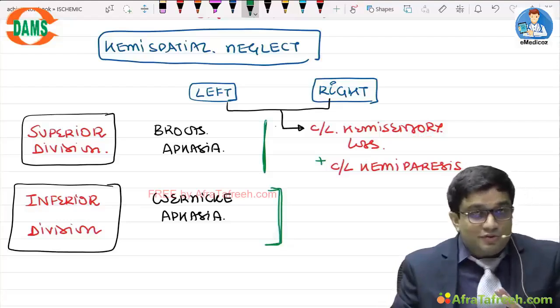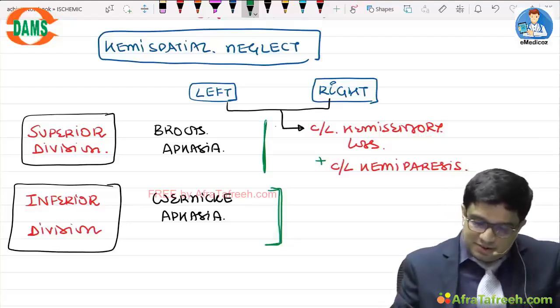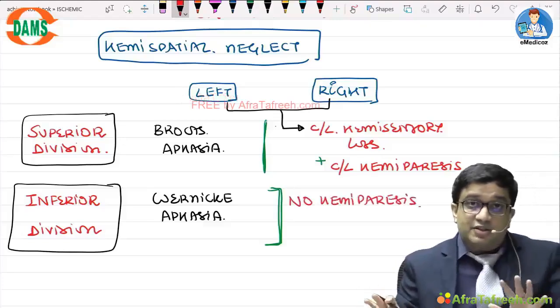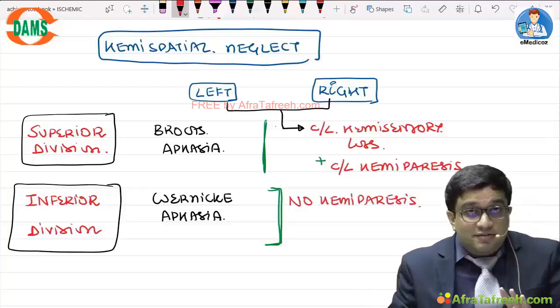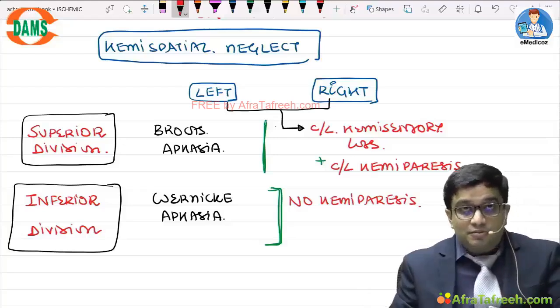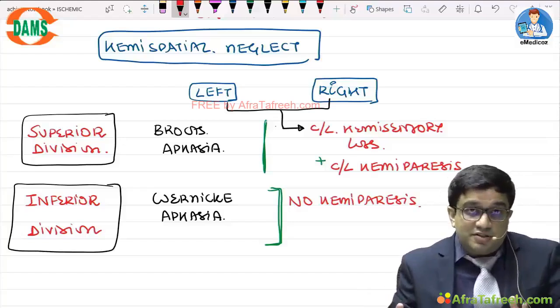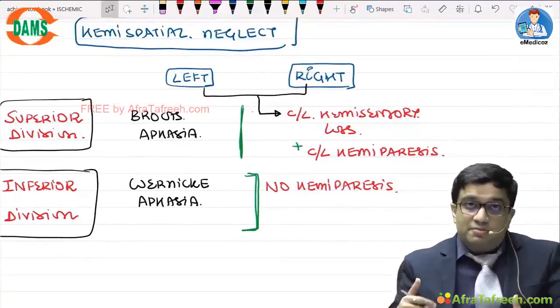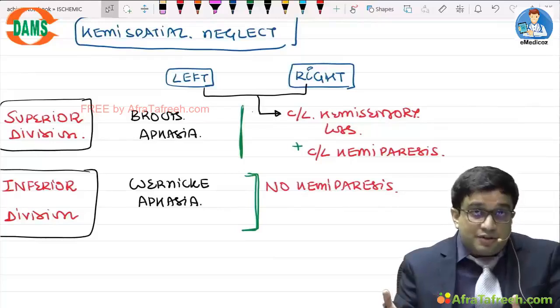So first of all, make it very clear, in these patients with inferior division involvement, there is going to be absolutely no hemiparesis. That means they don't have any kind of weakness. But one thing will happen, wherever the lesion is sitting, they will have involvement of the optic radiation that passes through the temporal and the inferior parietal.